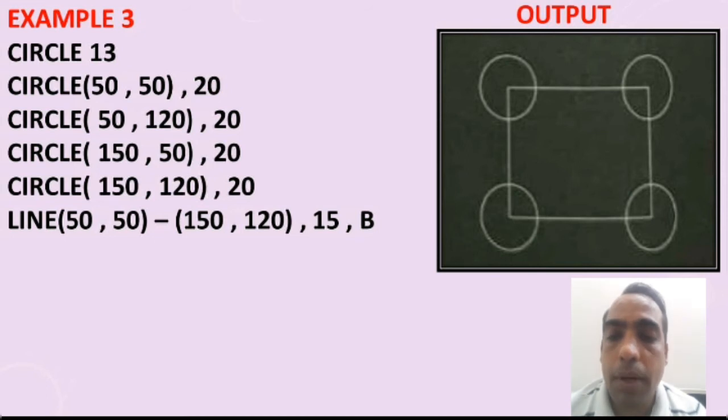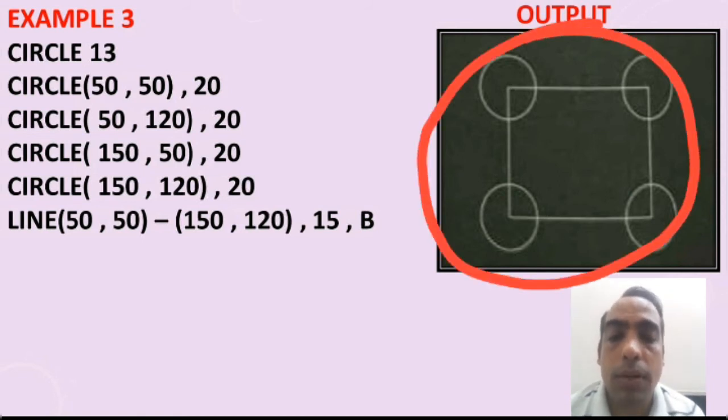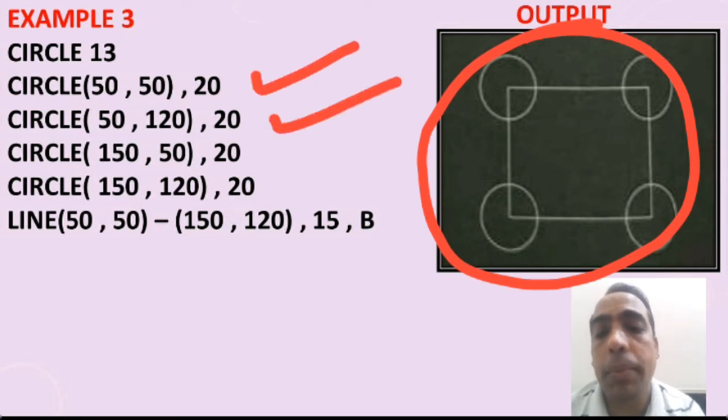Now the fifth statement is for line: line 50, 50 dash 150, 120, 15, B. Now you can see the result of this program. In this output, 4 circles are here because we have written 4 circle statements.